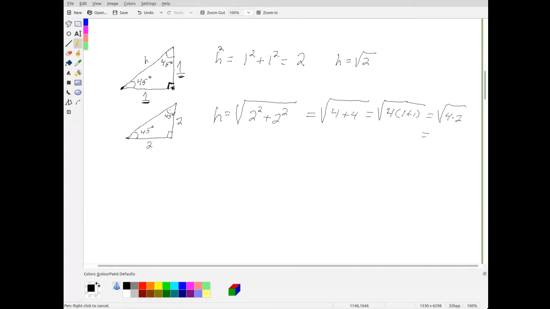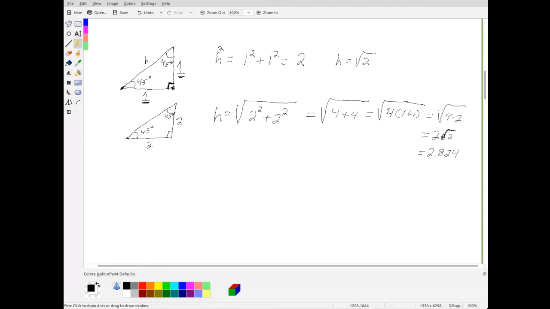But we can take the square root of this, so this gives us 2 square root of 2, which gives us, as Josh put in there, 2.828. I just wanted to show you how these square roots pop up here.